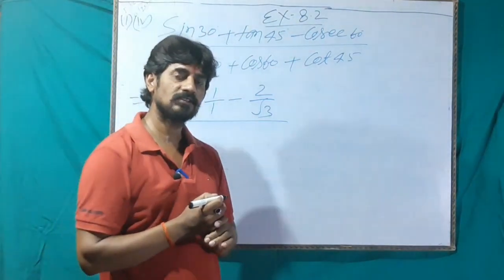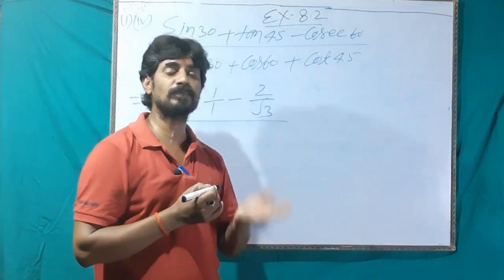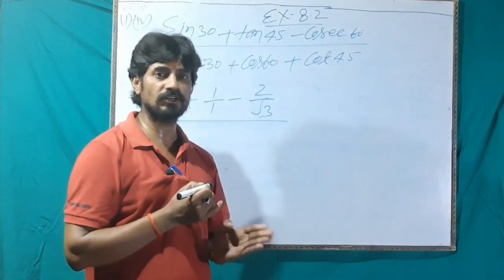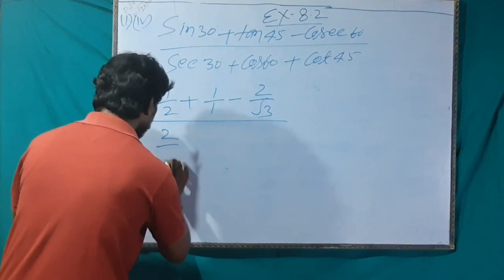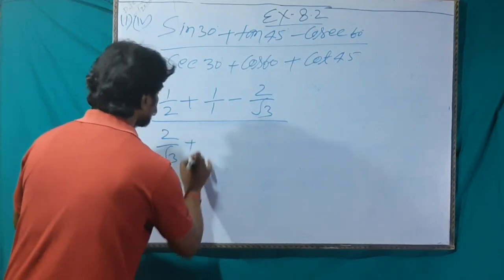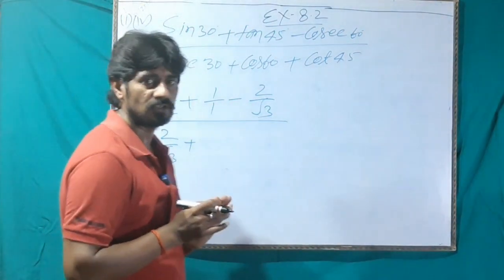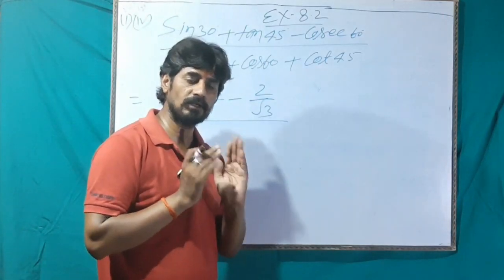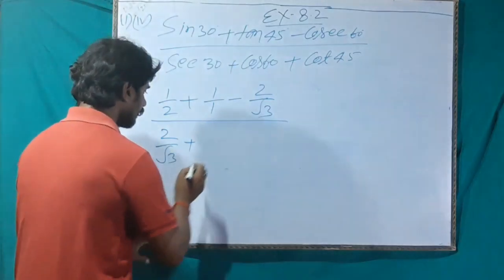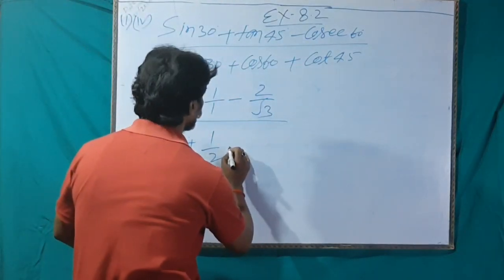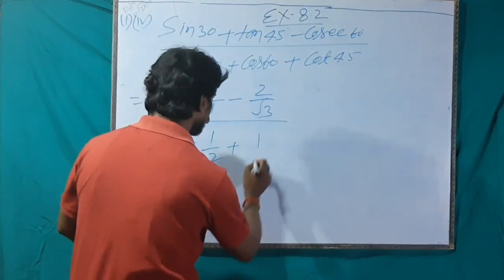Sec 30 means inverse value of cos 30. Cos 30 is equal to root 3 by 2. So here 2 by root 3 plus cos 60. Cos 60 is equal to the value of sin 30 degree, and sin 30 degree is 1 by 2. So 1 by 2 here plus cot 45, that is 1.